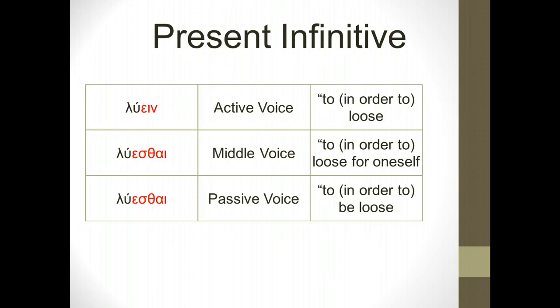And then in the middle voice, because infinitives also take middle and passive, although they both have the same one here, it's luesthai, to loose for oneself, or in the passive voice, luesthai is to be loosed. Okay? At this point, I really don't expect you to be too worried about the infinitive. Just learn these two endings, ein and esthai, and know that you just simply need to put the word to on it.